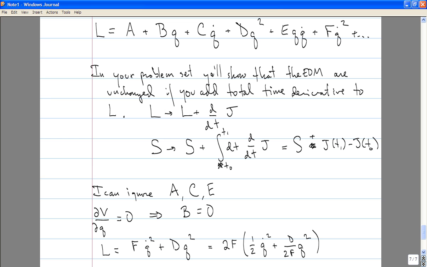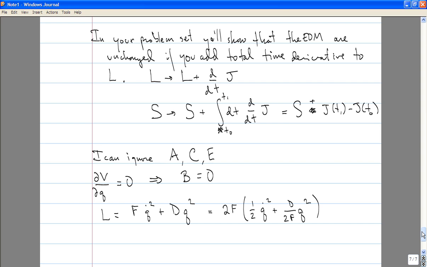Yes. So the physics is unchanged if I multiply the Lagrangian by 1 over 2f. That means that the equations of motion describing the small perturbations around an equilibrium are given by the action 1/2 q dot squared plus d over f times q squared.